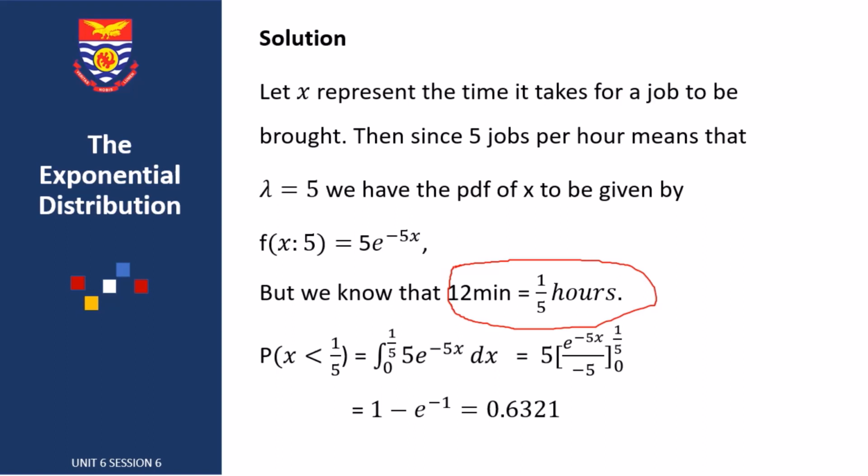That gives us 1 over 5 hours. And since this is a continuous distribution, remember we're told that the job will be brought within the next 12 minutes.